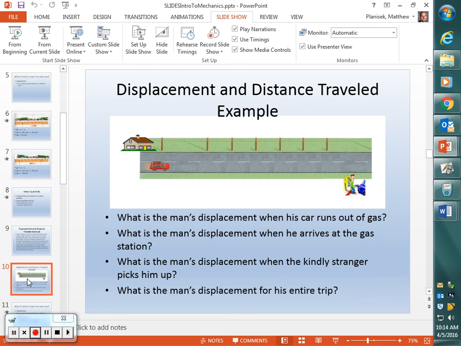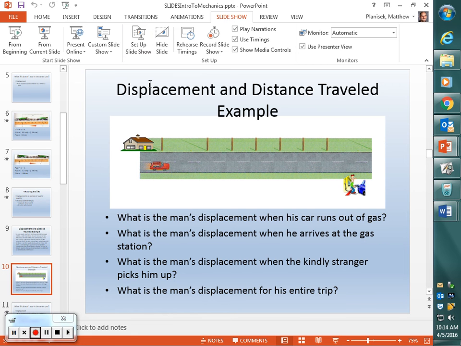But when the stranger picks him up, his displacement is only 52 kilometers east because he started going back and he's closer to his reference point than he was at the gas station. Eventually, where does he end up? At his house, or Dublin, right where he started.